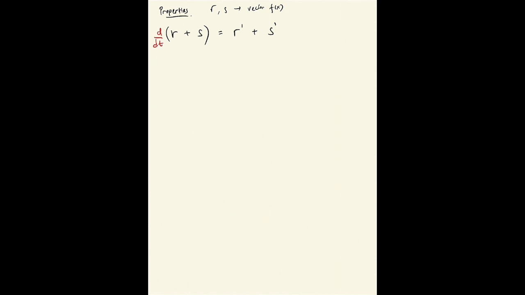If I write the blue color, meaning it's also the same case when you subtract. Secondly, if you have a constant, let me write with the arrow so you can differentiate the constant and the factor.